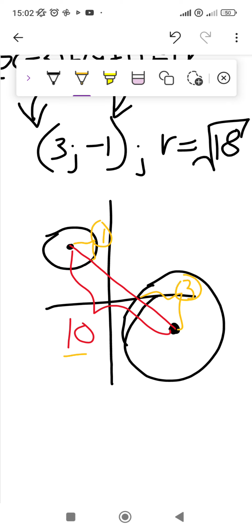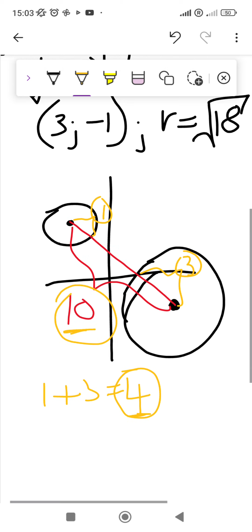If you add your two radii, your 1 plus your 3, you get 4, right? So the sum of your radii was 4. The distance between the circles was 10. If the distance between the circles is greater than the sum of the radii, as you see in your picture over there, your circles don't touch.